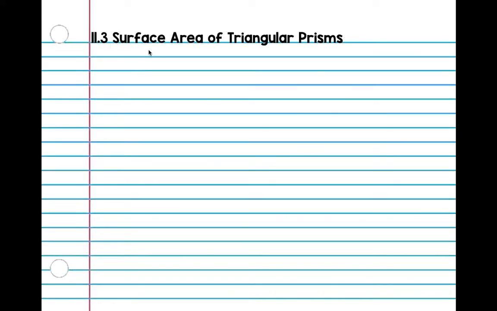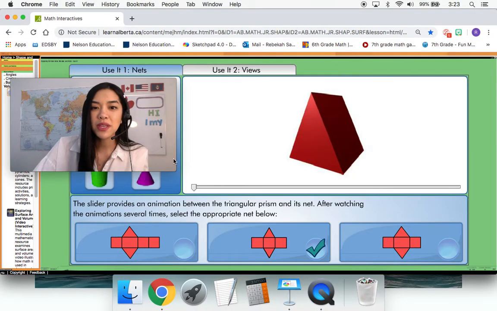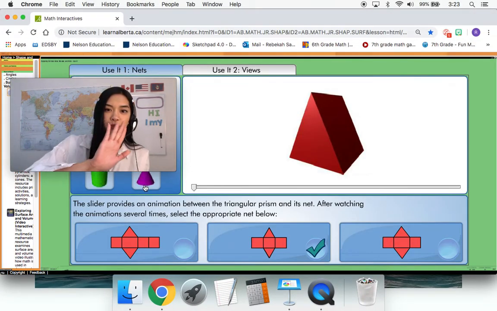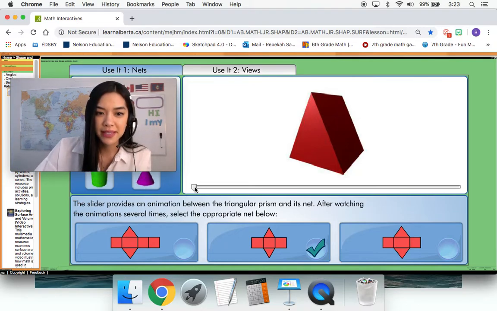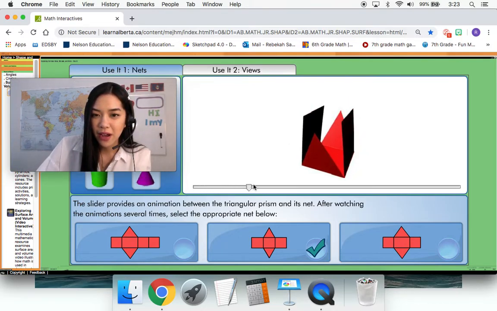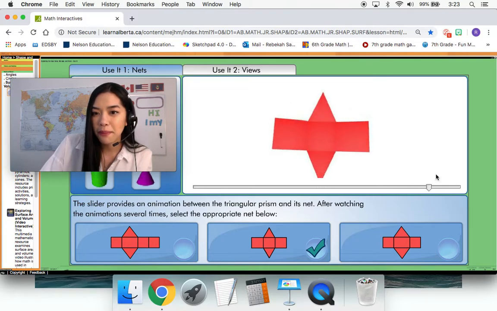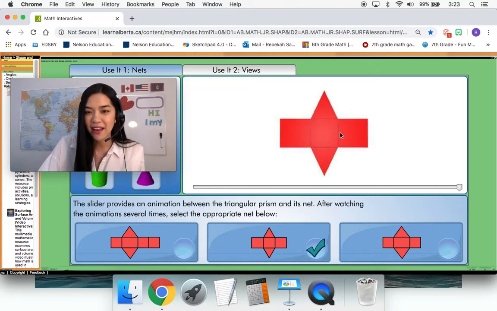Okay, so go ahead and write this down. We have 11.3 surface area of triangular prisms, and our formula is base times height. That is the first thing we're doing. All right, so the second part is we are going to break up this triangular prism, open it up, and just find the area of this whole rectangle.